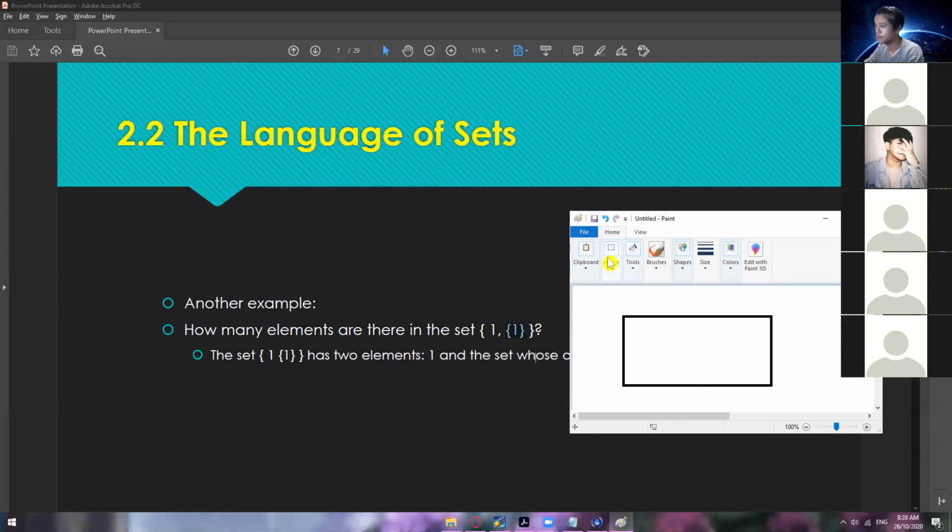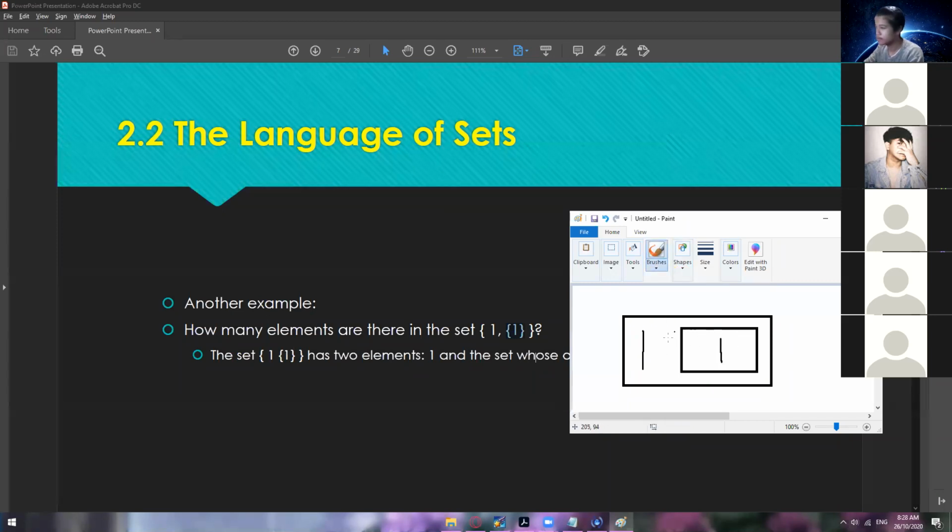And then inside of it, we have 1. Okay. And then, as you can see, we have another set. So again, we have another box that contains a value of 1.